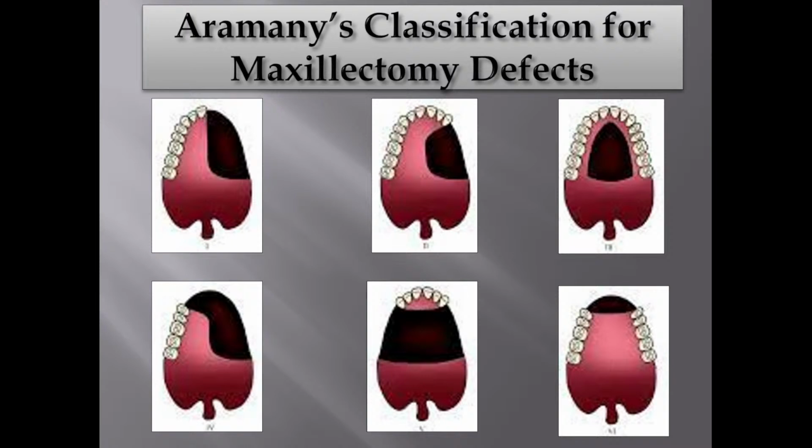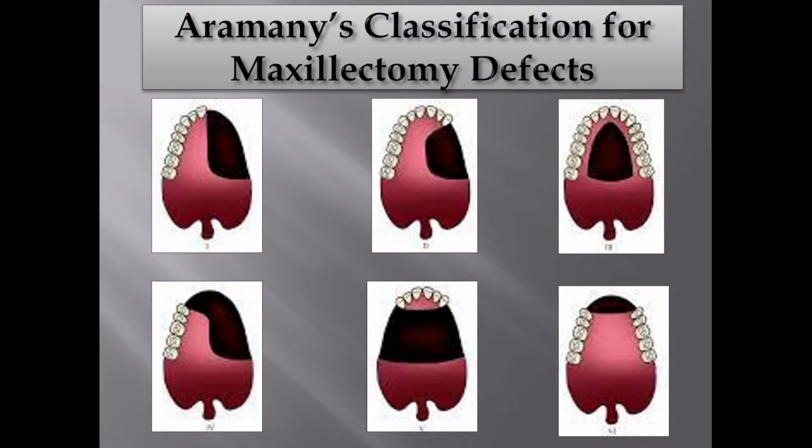First class, and you can see it on this slide: the resection is performed in the anterior midline of the maxilla with abutment teeth present on one side of the arch. Class 2, the defect is unilateral, retaining the teeth of the contralateral side. Class 3, the defect occurs in the central portion of the hard palate and may involve part of the soft palate, and you can see that the teeth are intact.